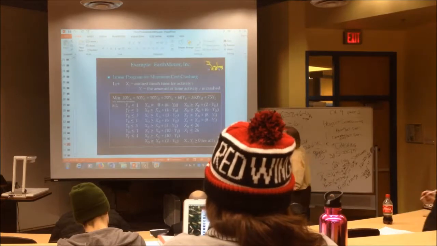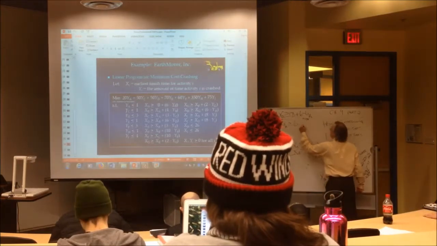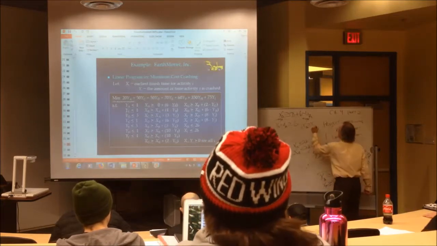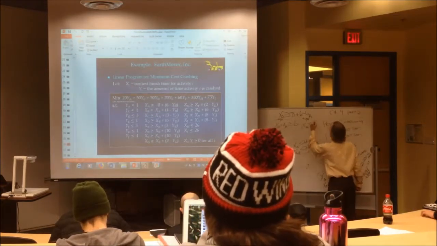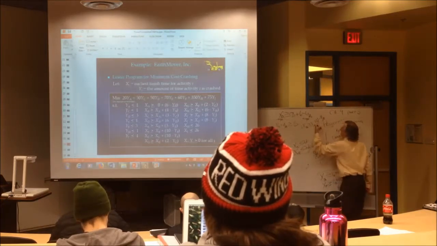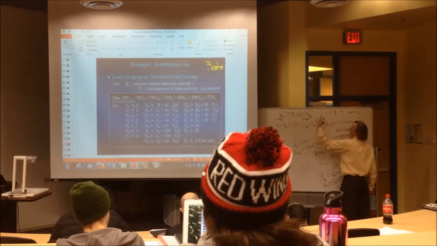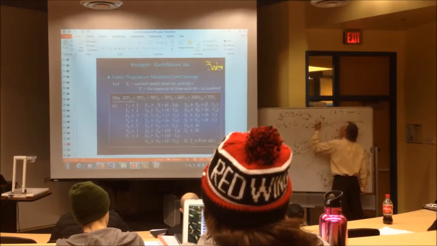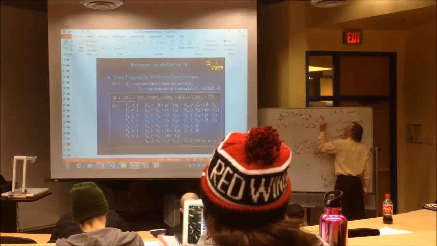Let's do another one. Let's do B. X sub B is greater than or equal to X sub A plus 4 minus Y sub B. Okay, I've got X sub A on the right side and a minus Y sub B. So I need to subtract an X sub A on both sides. And I need to add a Y sub B on both sides.